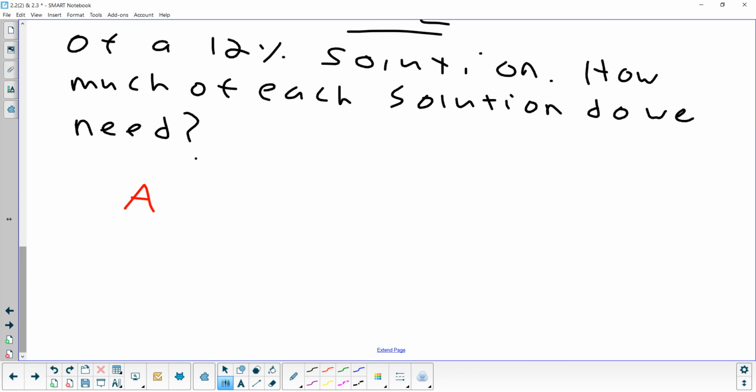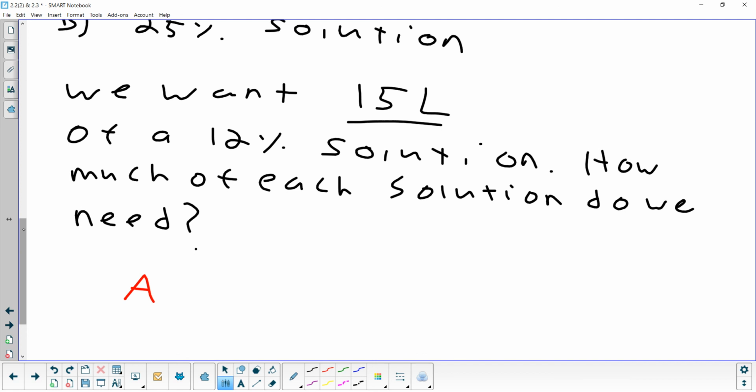And how many liters are we going to use of the 25% solution? Yeah, Logan? B. And we know when we combine the two together, how much solution do we want to have in the end? Yeah, Kevin? 15 liters.